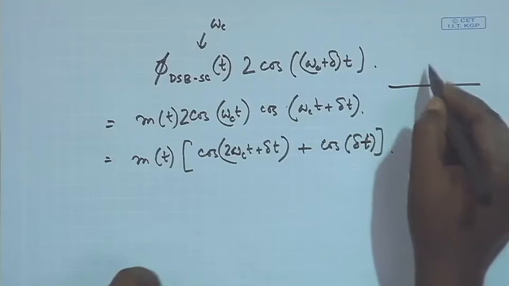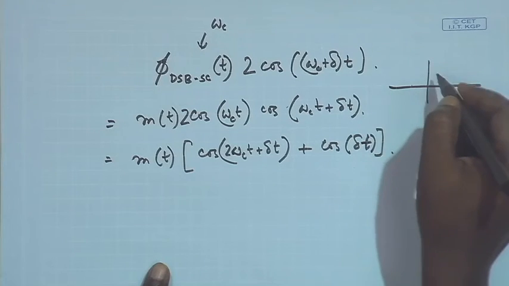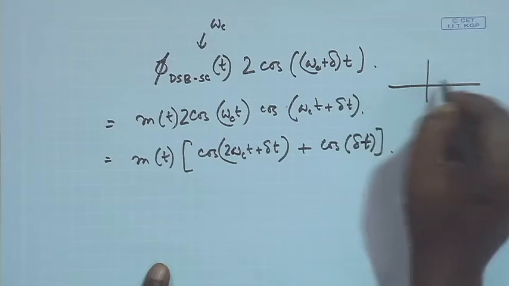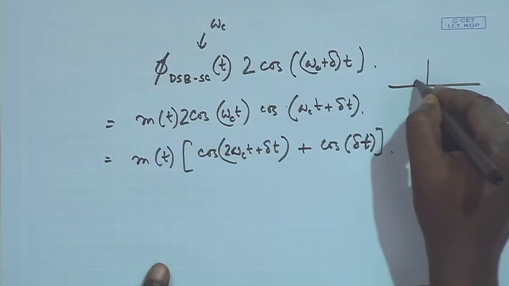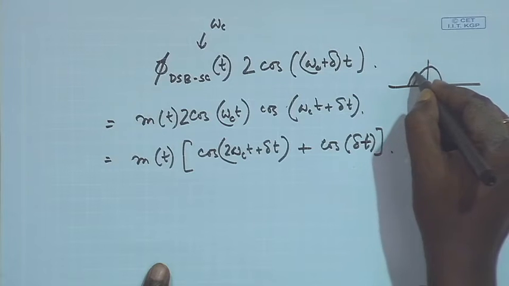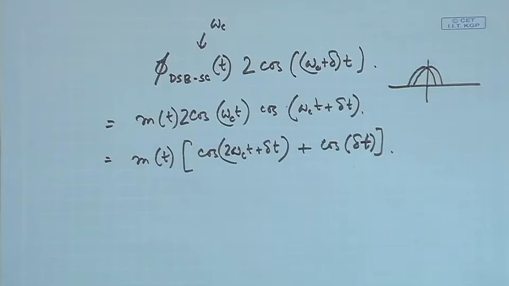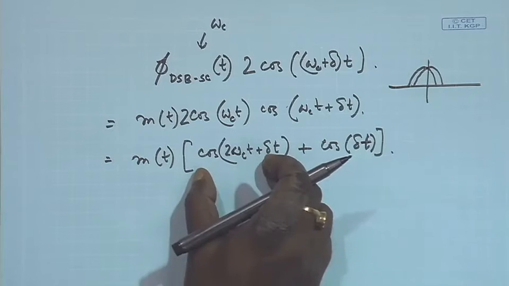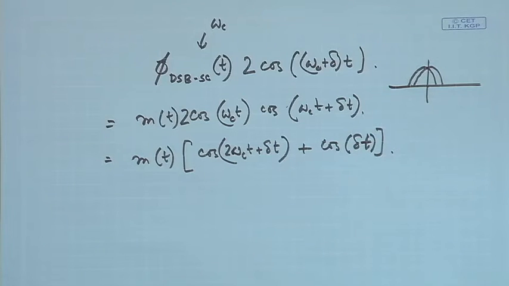In the frequency domain, it will not come as m(t), there will be a small drift of that, something like this. There will be a delta drift, and the other part will go to 2 omega c plus delta and minus 2 omega c minus delta.